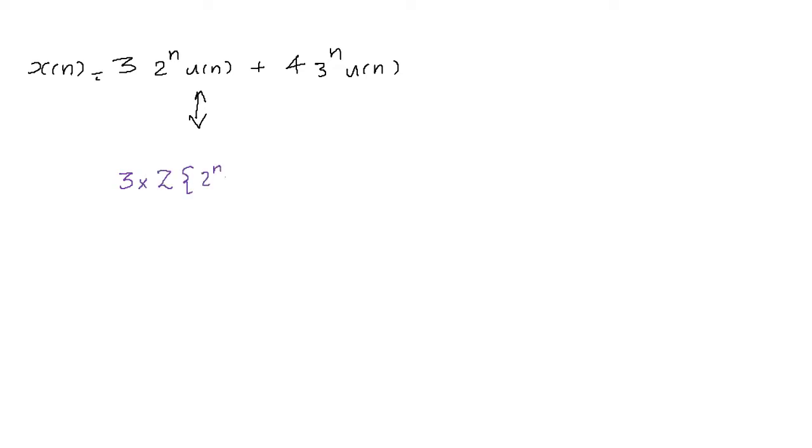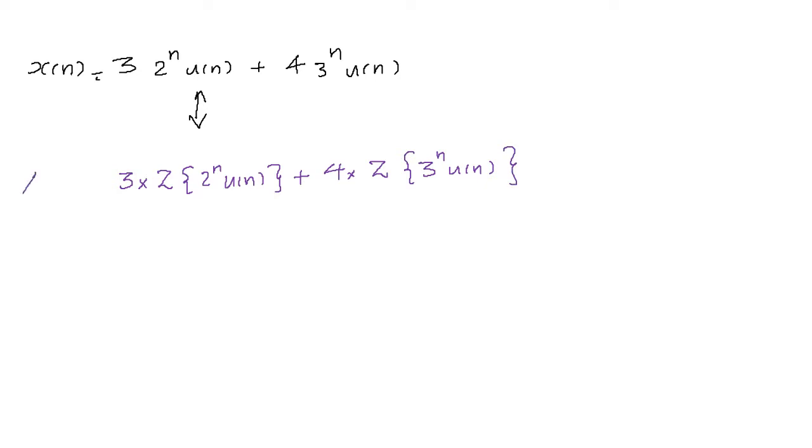Our x of n is 3 into 2 raised to n u of n plus 4 into 3 raised to n u of n, and we are going to take the z transform. So using the linearity property, you can write it as 3 into the z transform of 2 raised to n u of n, that is x1 of n, plus 4 into the z transform of 3 raised to n u of n.